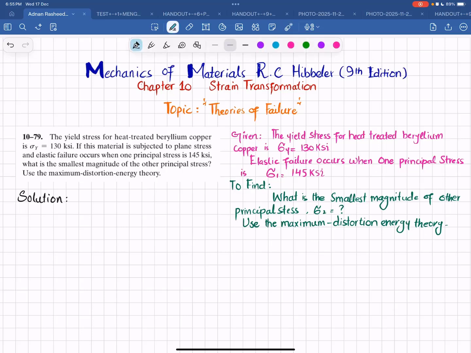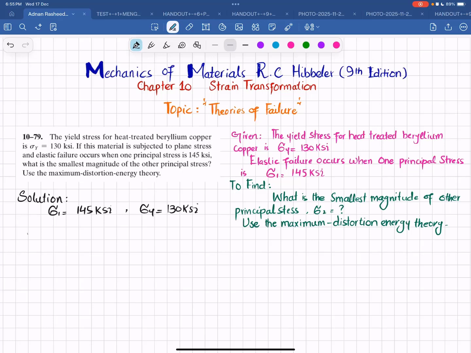So let's start with the solution. Here we have been given sigma 1, which is one of the principal stresses, that is 145 ksi, and we have sigma y, which is equal to 130 ksi.